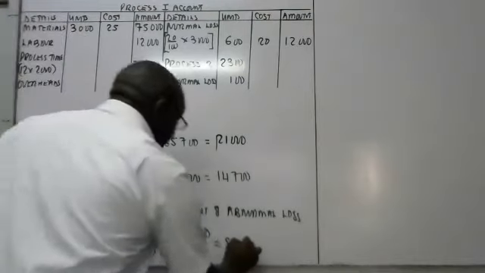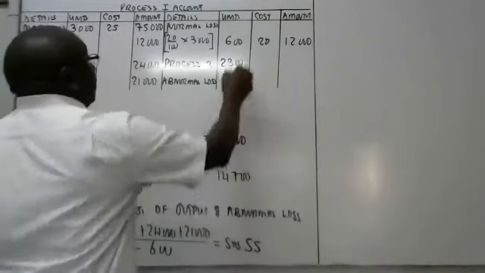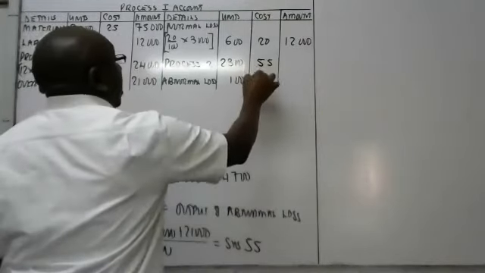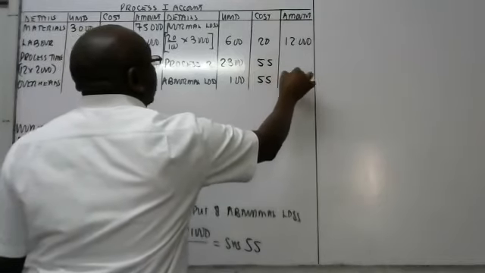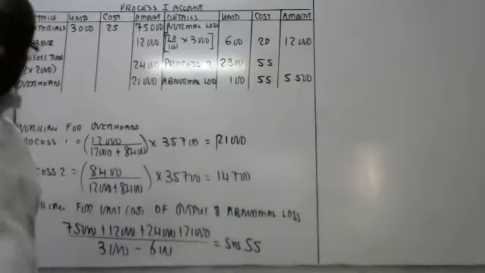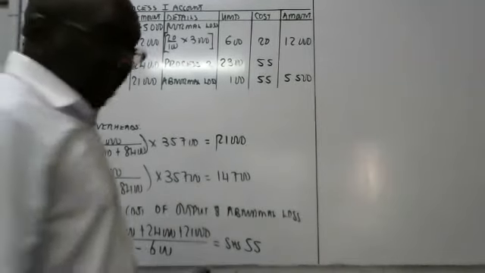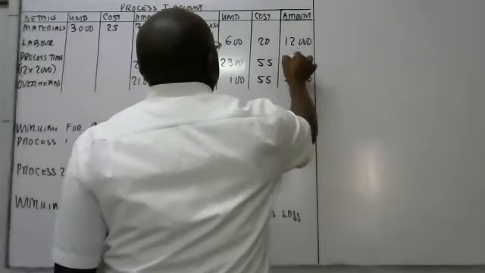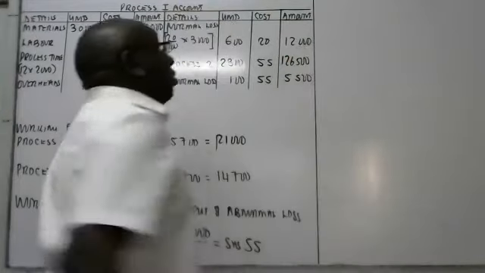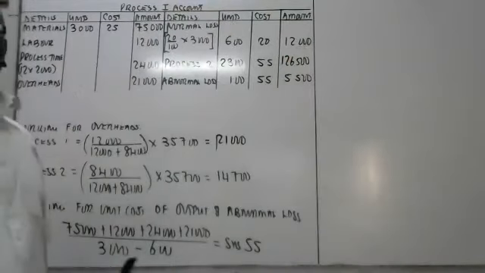Good. So that is 55. So 55, bring it here and here. So this is 5,500. Then multiplied by 2,300. That is 126,500.